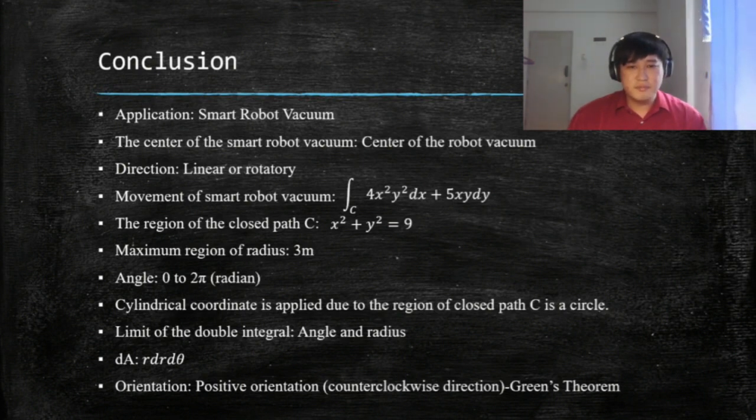The orientation for the Smart Robot Vacuum is positive, which is the counterclockwise direction. This is because Green's theorem can only be applied in the counterclockwise direction, so the value we get for the double integral is negative. Thank you.